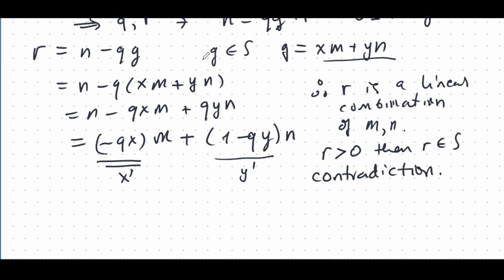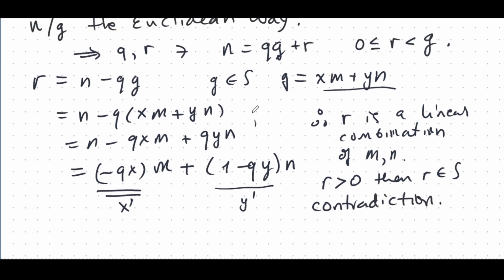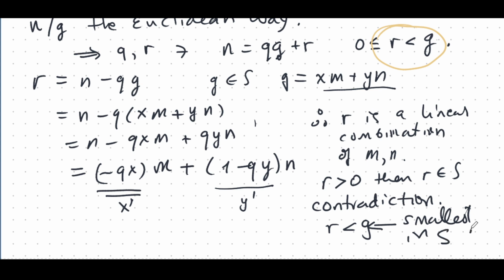This is a contradiction because we know from Euclidean division that R is less than G, but G is the minimal element, the smallest, in S. So it's not possible. That leads to a contradiction.